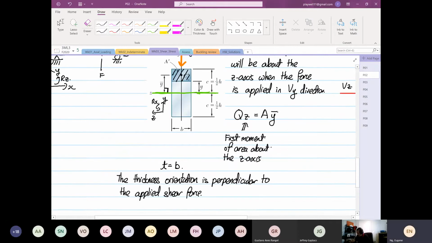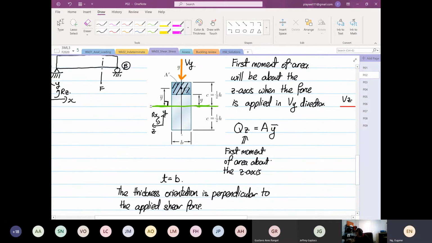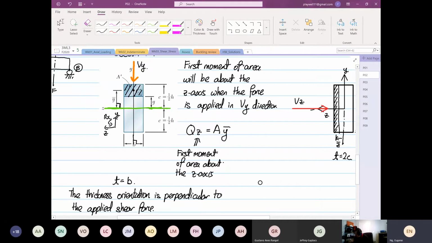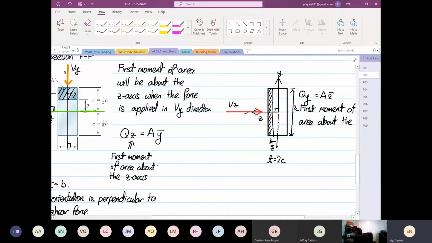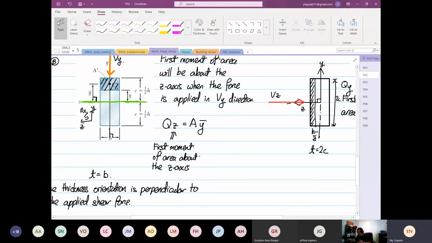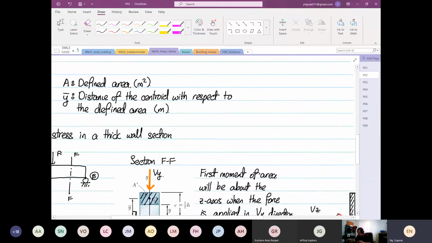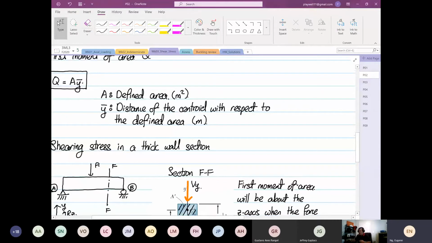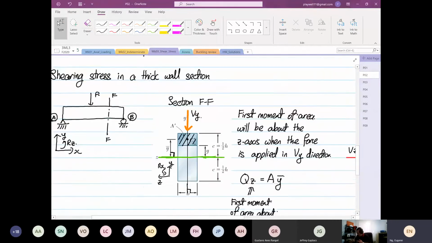If you look at Vy over here, Vy is in this orientation, so it is perpendicular. If we look at Vz over here, the perpendicular is your 2c. Okay, so this is how we are going to determine our thickness. Remember, I told you the thickness is dependent on where we are interested in.